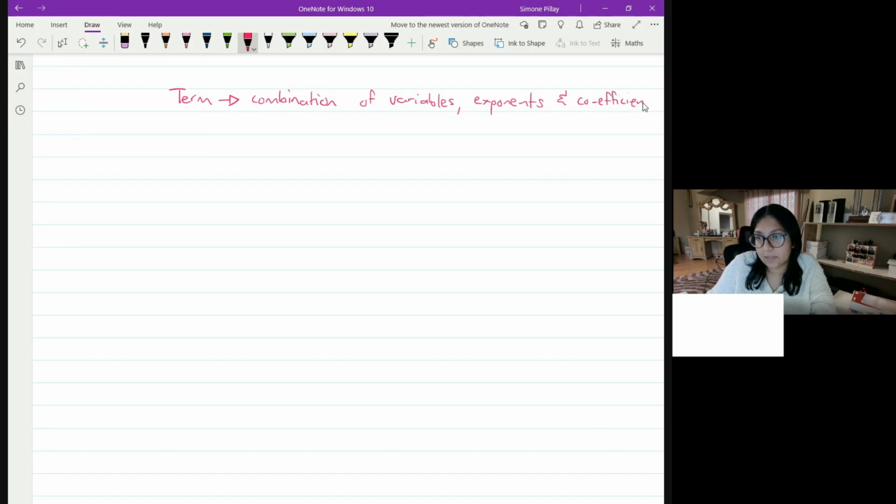That is what a term is. Okay, so let's put down a variable, an exponent and a coefficient. This is a term.